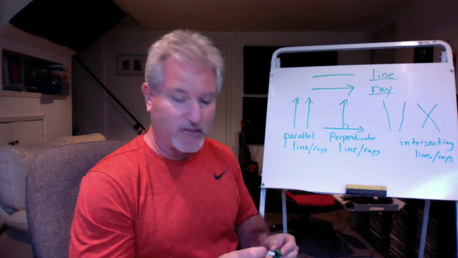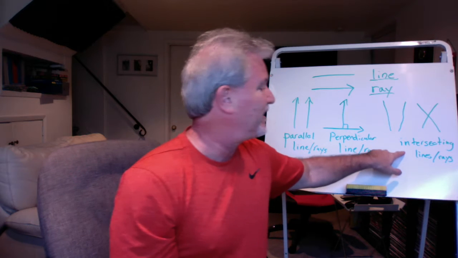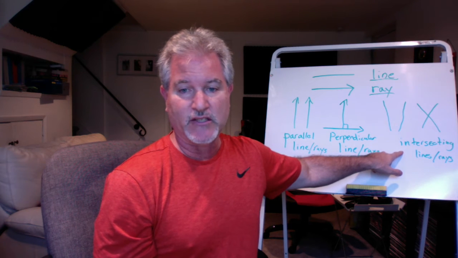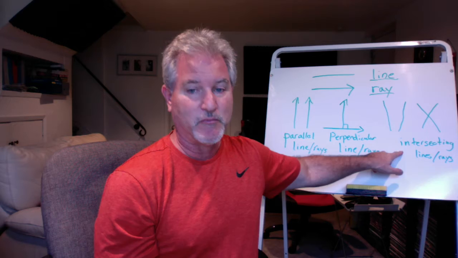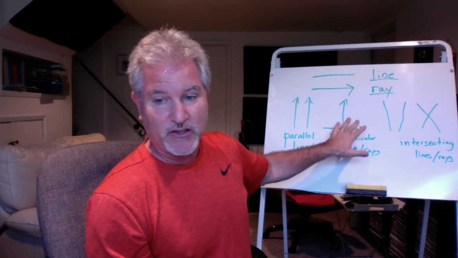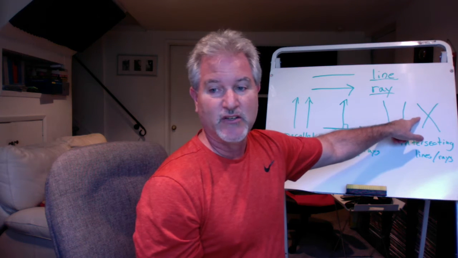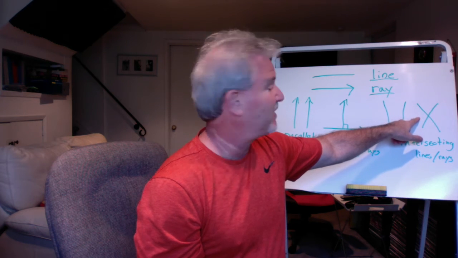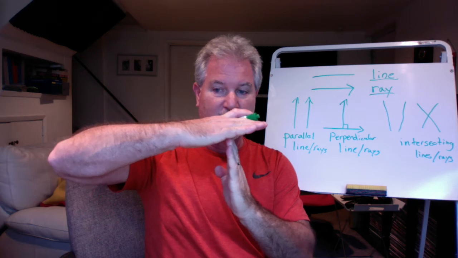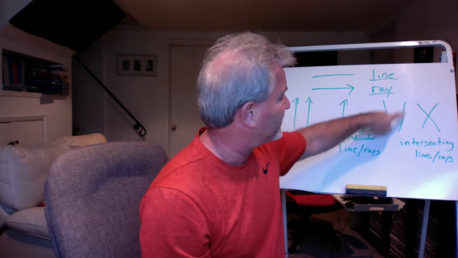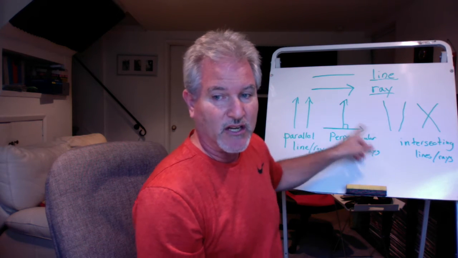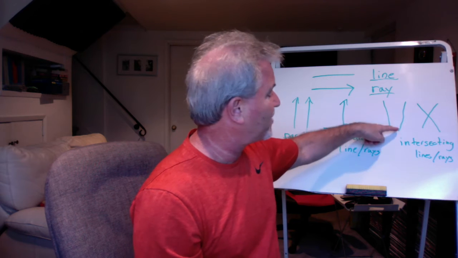The last ones are just simply called intersecting lines or rays. Intersecting means basically they're not perpendicular and they're not parallel. So this would be considered an intersecting line because it doesn't intersect exactly perpendicular. And this would also be considered intersecting lines because these lines are not parallel.